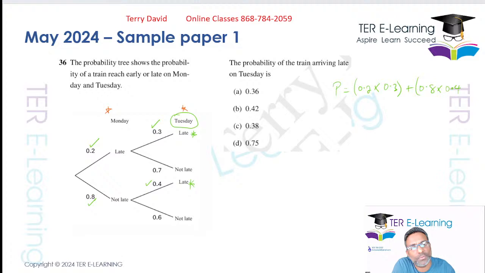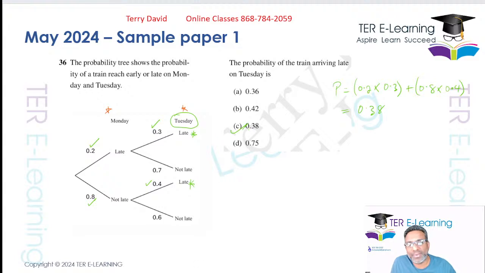When you work this out, you're going to get 0.38. So that's the probability of the train arriving late on Tuesday.